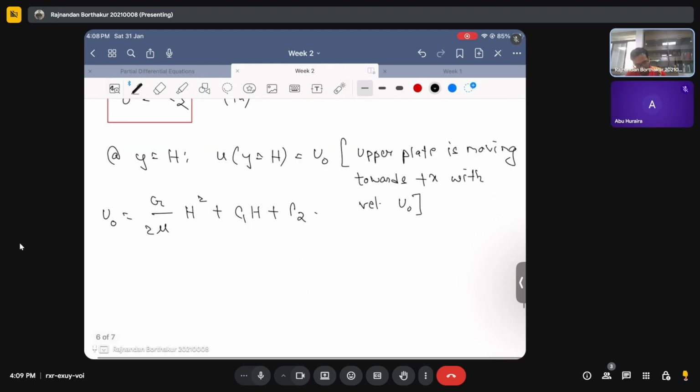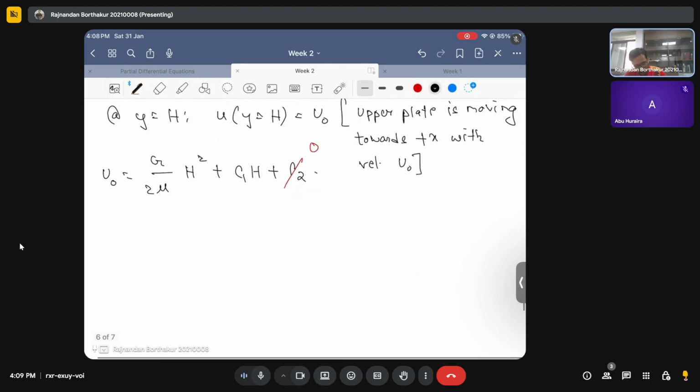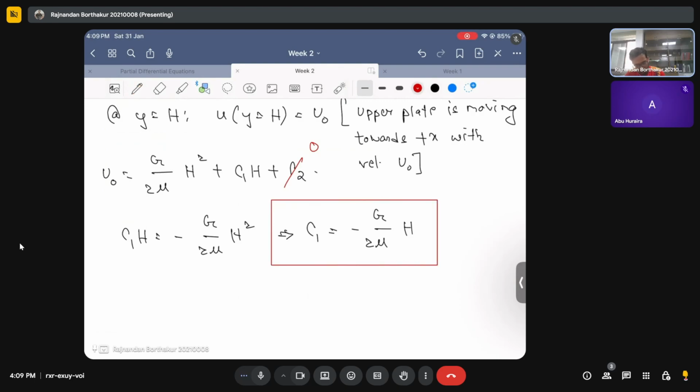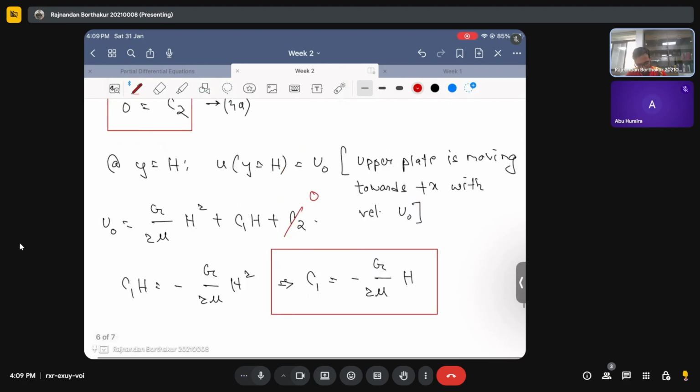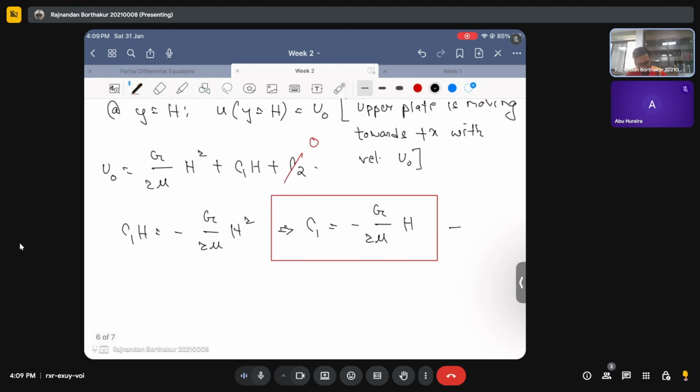But I know that C2 is already 0 from 4a, which then means that C1h is going to be minus of g by 2 mu h squared, so if I divide this by h, we'll get that C1 is equal to minus g by 2 mu h. That's what your C1 is. Maybe I'll call this 4b.